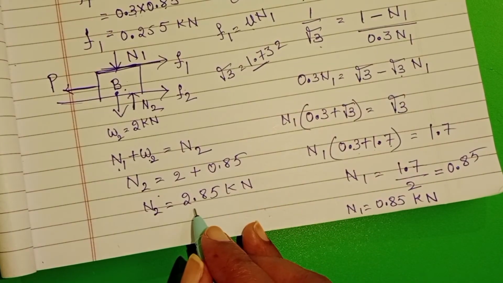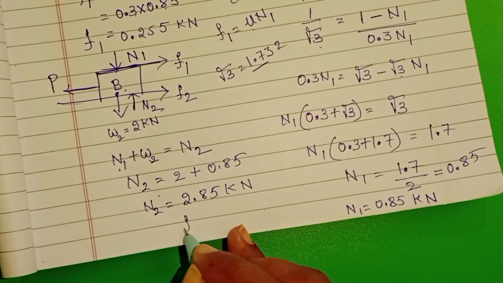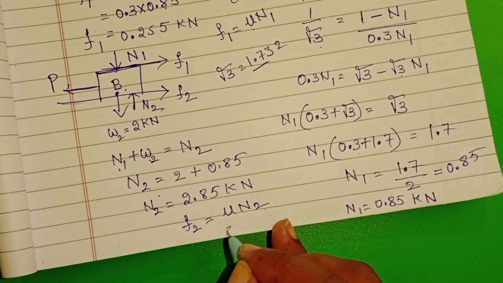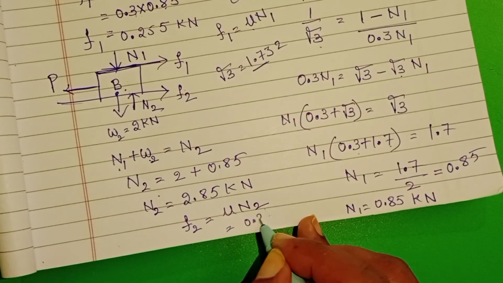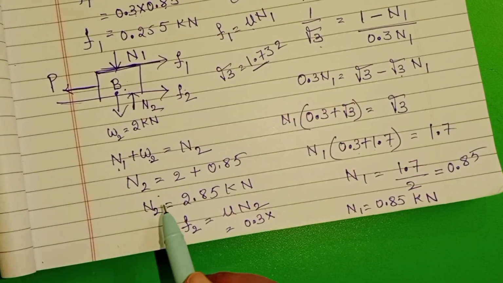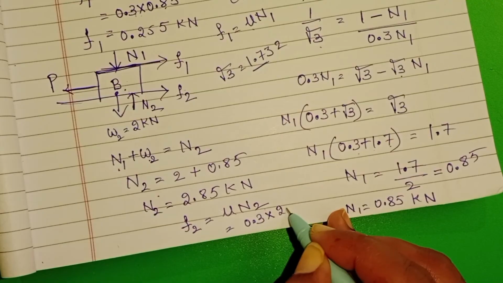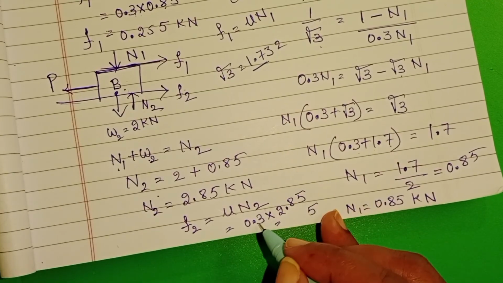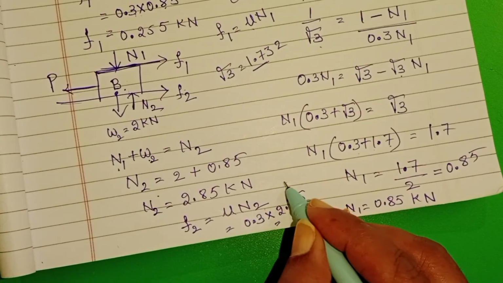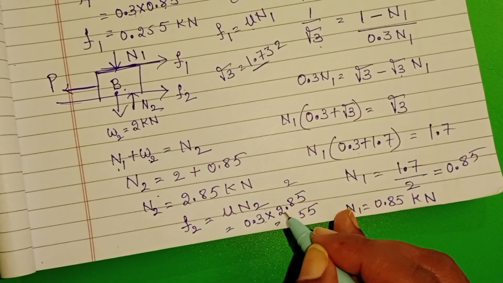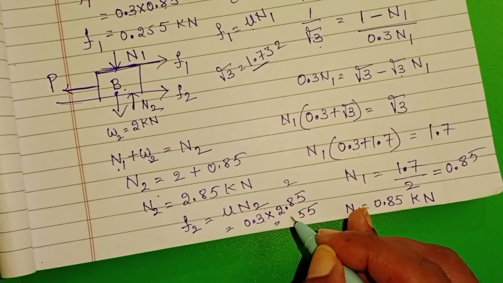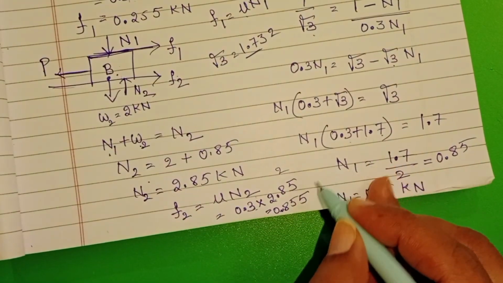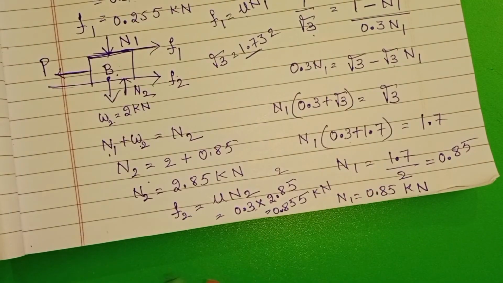Now we know the N2 value. Let us find out the frictional force F2. F2 is equal to mu N2. Coefficient of friction 0.3 and N2 is equal to 2.85. Multiply this. 5 3s are 15. 8 3s 24. 24 plus 1, 25. 3 2s 6. 6 plus 2, 8. Decimal part is 3. 0.855 kilonewton. This is F2.